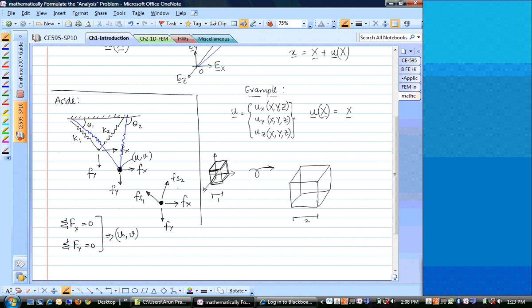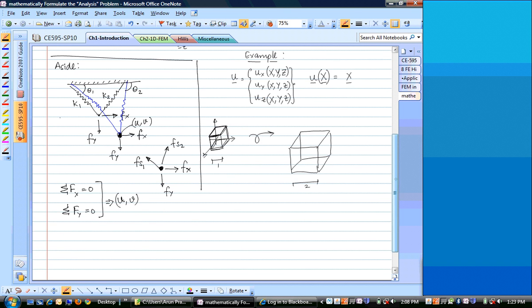So in addition to this, there's a couple of other unknowns also, Fs1 and Fs2, but we know from material properties that the spring force in 1 can be represented with its spring constant times whatever extension it undergoes, delta 1, right? And delta 1 is a function of u and v.